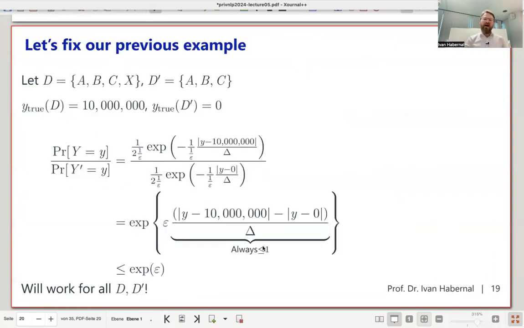Nice. Now, let's try to fix our example. We have this worst case scenario, and we plug in here the delta, the global sensitivity, as a denominator. Since this will always be less than or equal to 1, by definition of the L1 sensitivity, our proof of differential privacy for the sum query will work for any D and D prime in our data set.